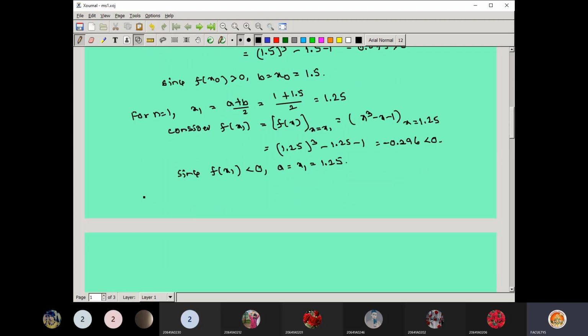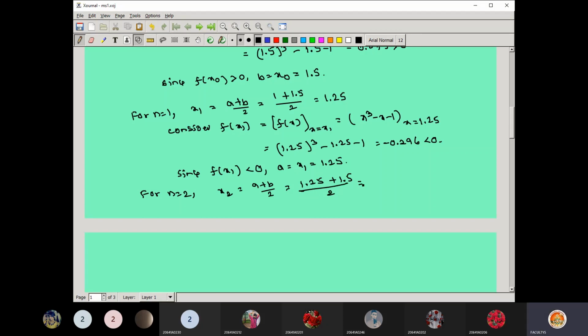Now immediately you are finding another approximate root for n equal to 2. The formula is x2 equal to same a plus b divided by 2. Your A stands for new A value 1.25 plus B value, your previous B value. Your previous B value is 1.5, total it is divided by 2.